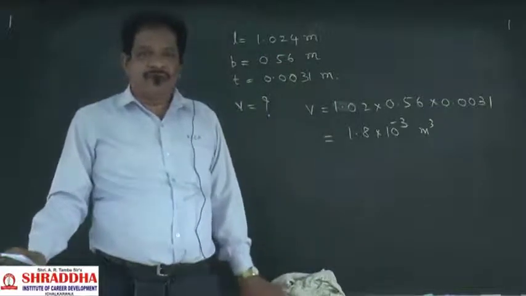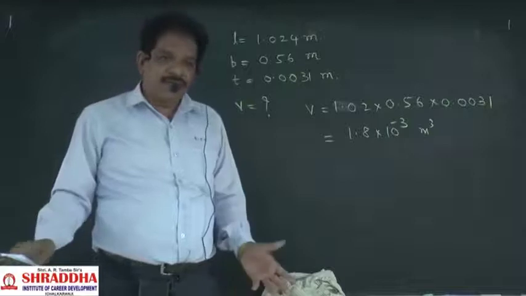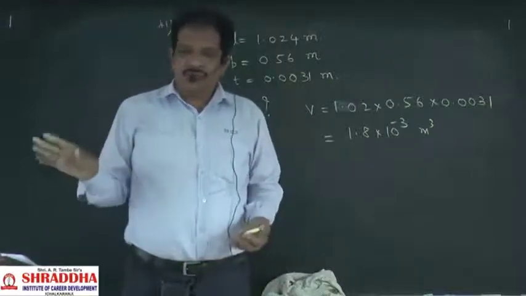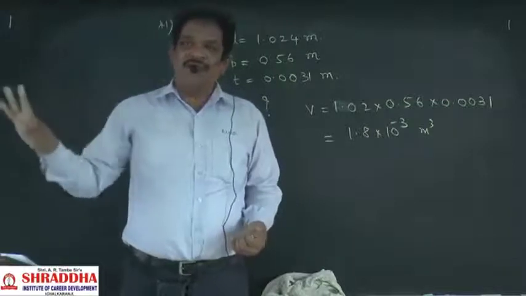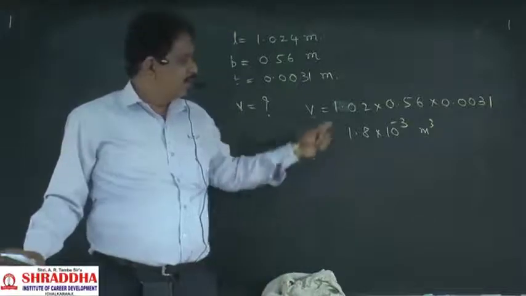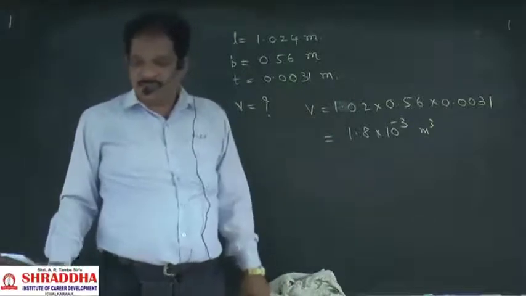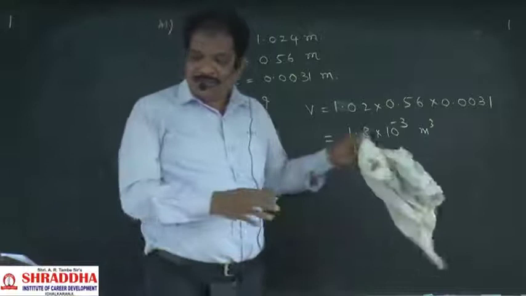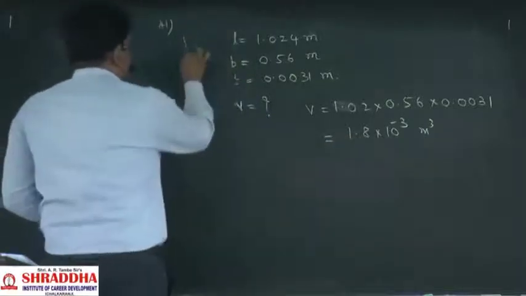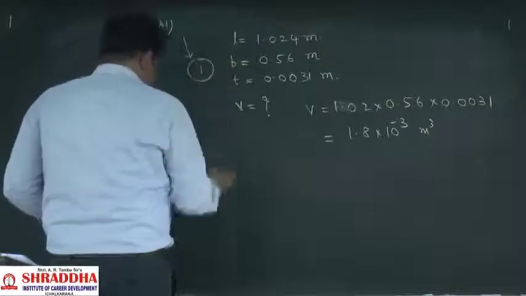That will be the final answer. Clear? But here, to save time in competitive examinations, no need to do that. Just first check the options. Then if you are not getting it, then go to the normal procedure. Clear? Next. So it will be the first option.